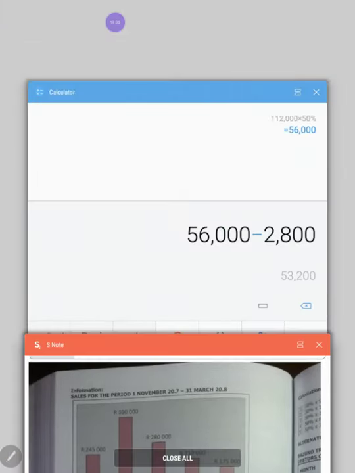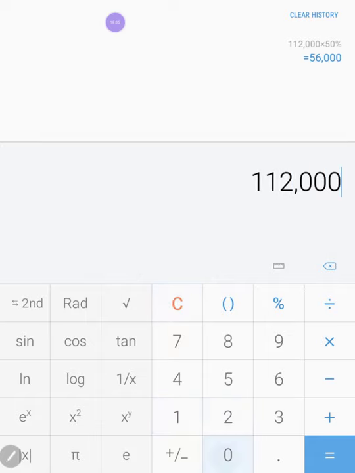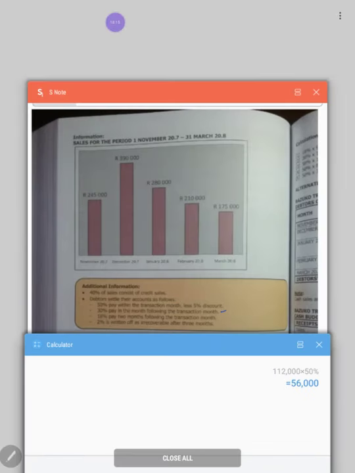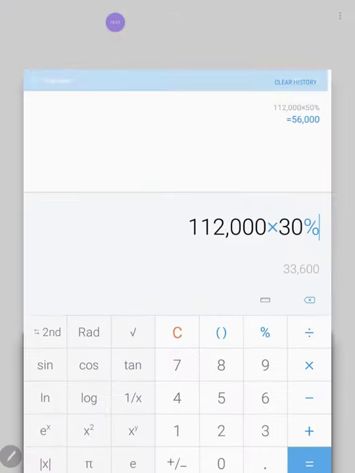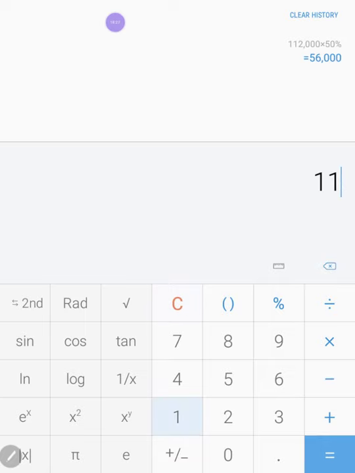Again, you take your credit sales of 112,000, and then you are going to multiply it by 30%. 33,600 of that will be received in February, which is over there. And then 18% will pay 2 months later. So again, you take your credit sale of 112,000, and you're going to multiply the 18%, which gives you 20,160. There is my 20,160.